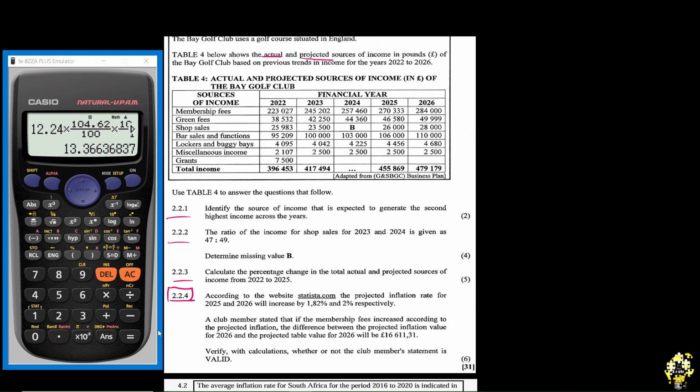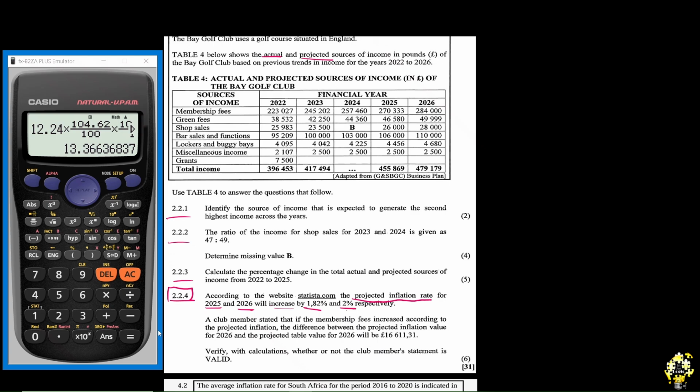It says that according to the website statista.com, the projected inflation rate for 2025 and 2026 will increase by 1.82 and 2 respectively. When they say respectively, they mean according to how they stated them.